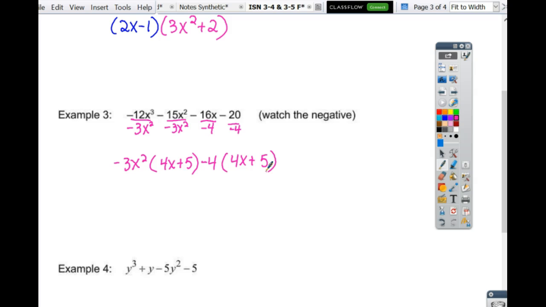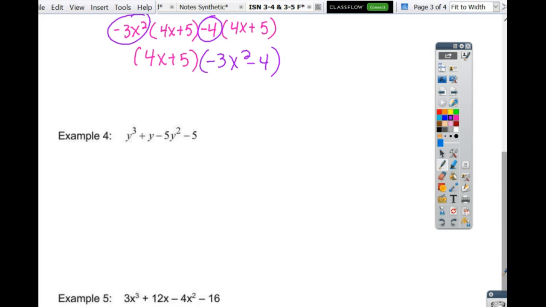And now what's inside the parentheses? Match. And this is left over. Okie dokie.